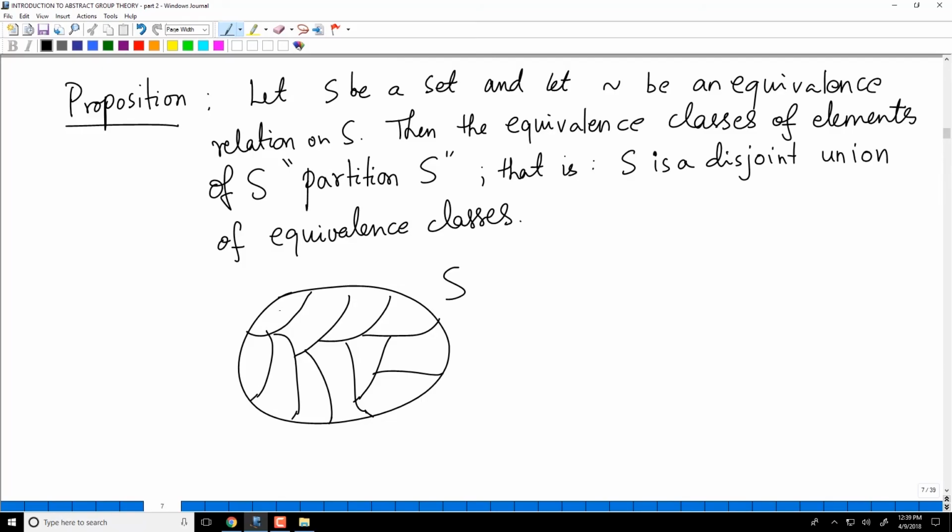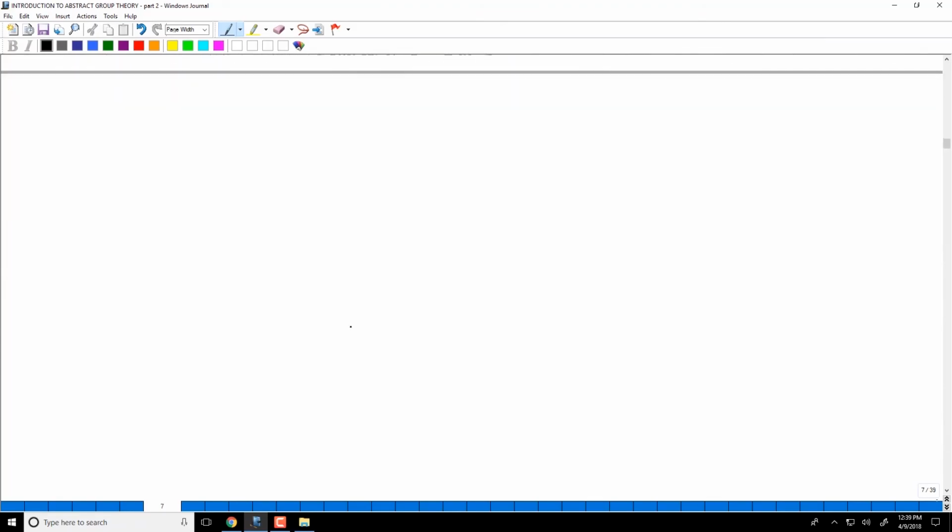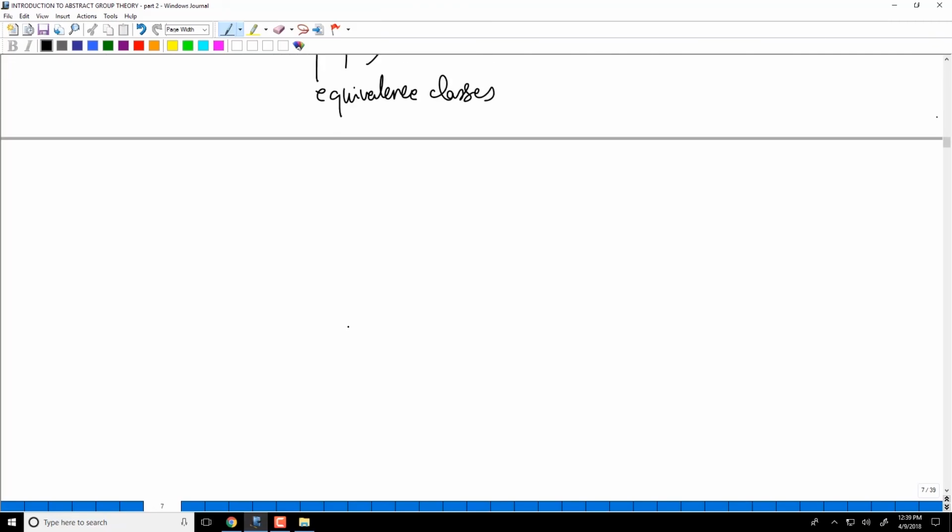So these are all equivalence classes. Okay, so they partition the set, meaning every element in the set is in one of the equivalence classes, and there is no common element between two distinct equivalence classes. So this is the proposition.